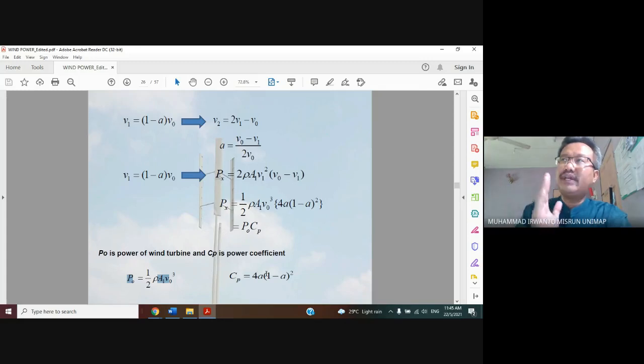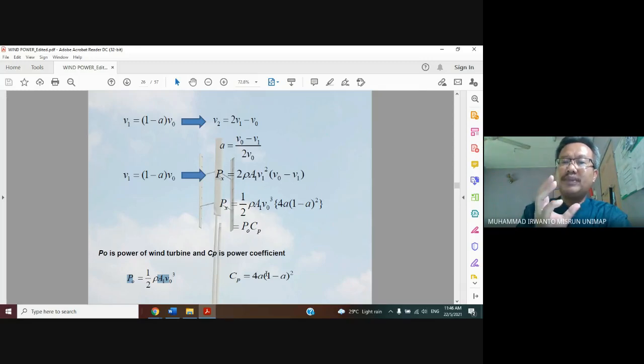It means that the power extracted by the wind turbine is considered in two parts. The first is the power of the wind, given by 1 over 2 rho A1 V0 power 3. It is the general formulation of the wind power that we know.